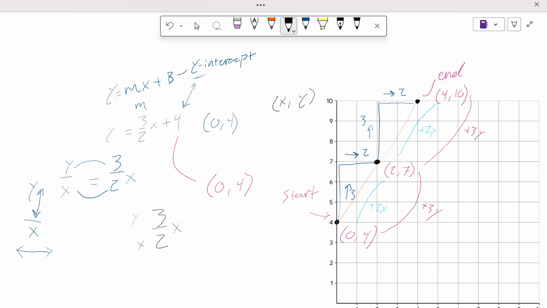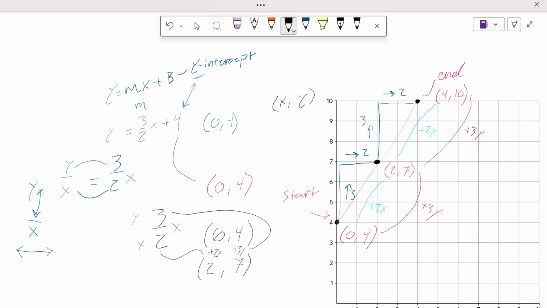And so what this all insinuates is that if we take our beginning coordinate point, 0, 4, and our next point, which is 2, 7, we added 2x here, and we added 3y here, which is the exact same thing as this and that. So it's just all one trend.